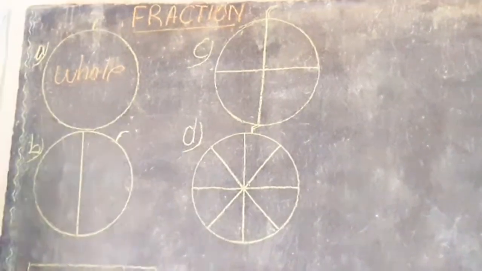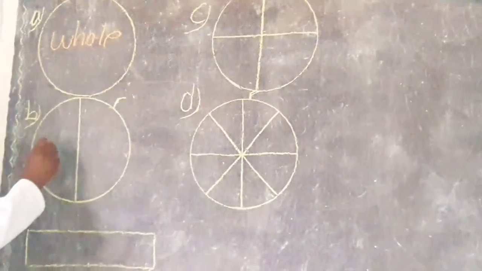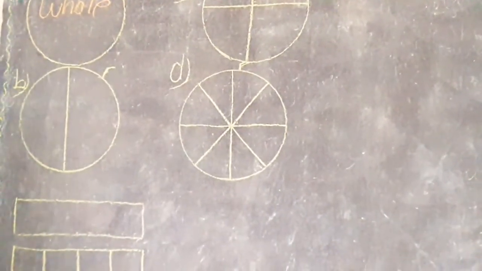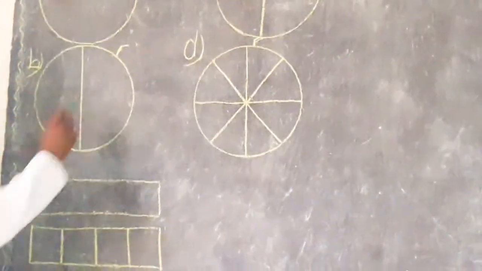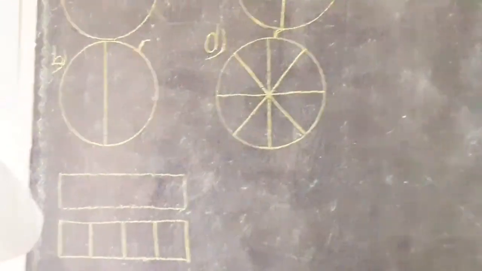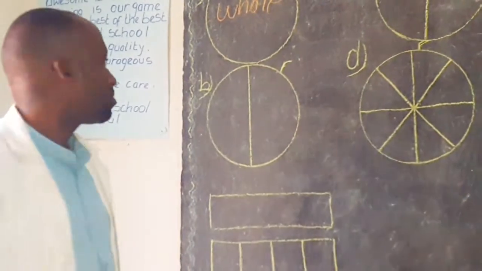That is to say, I have this part and this part. And it's written like this. The number of the parts you have is 2 parts.